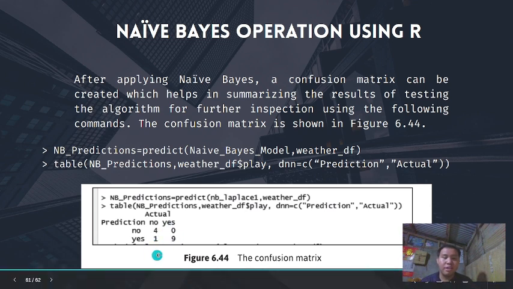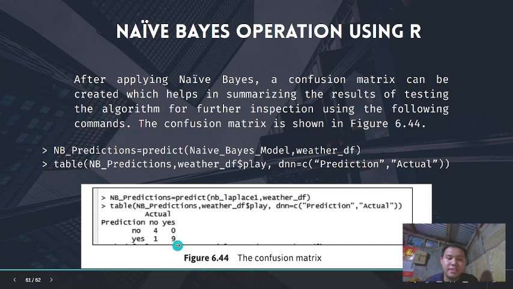The yes one here is a false negative, which basically means our model predicted it as 0 and then the actual is 1. So this is the confusion matrix. What happens is that our model predicted 4 no's, and it is also true.